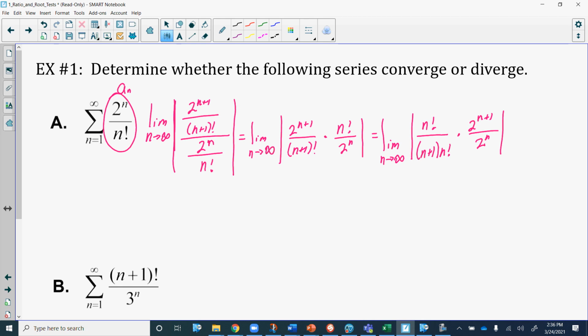Now some people, for the part of the numerator where it says 2 to the n plus 1 power, may use properties of exponents and rewrite 2 to the n plus 1 power as 2 to the n power times 2 to the power of 1, just so you can see how things are going to simplify. Doing that, you would see that the 2 to the power of n in the numerator and the denominator are going to simplify, but we can very easily look at it using just basic properties of exponents.